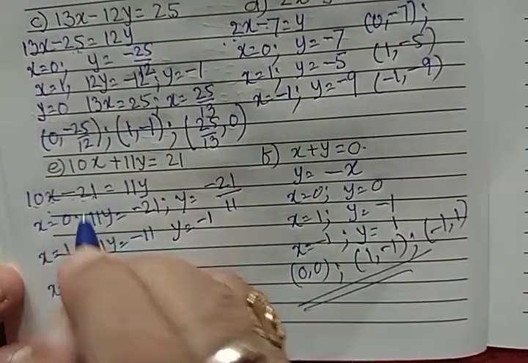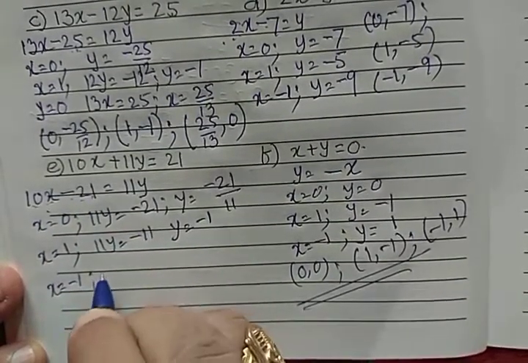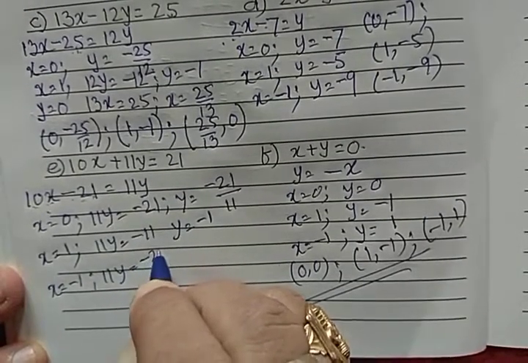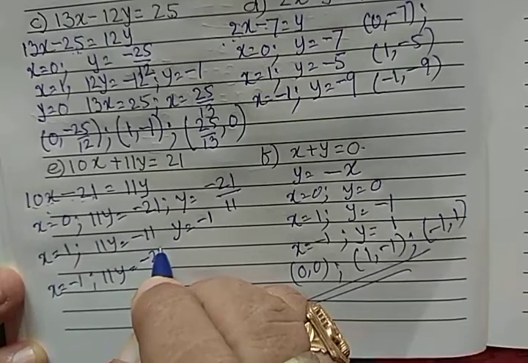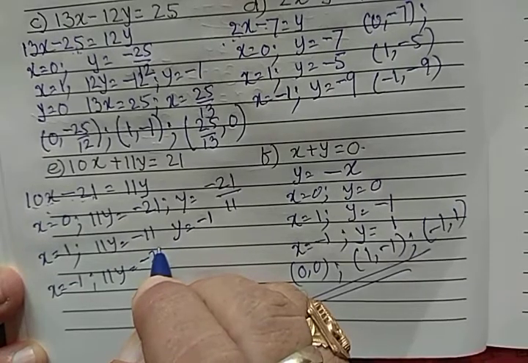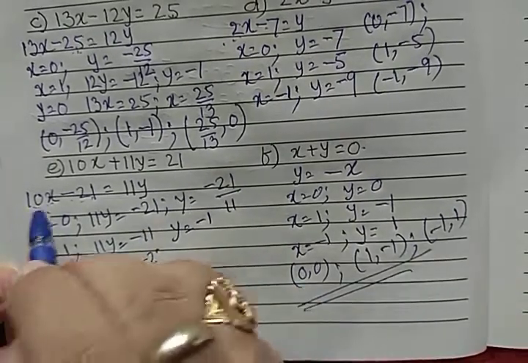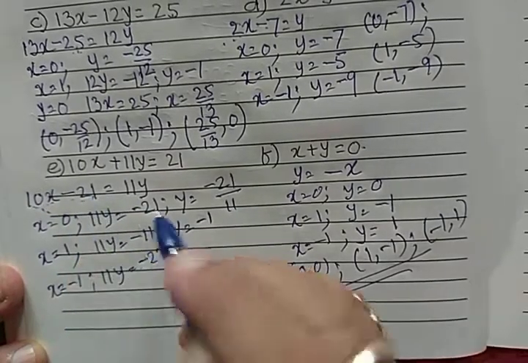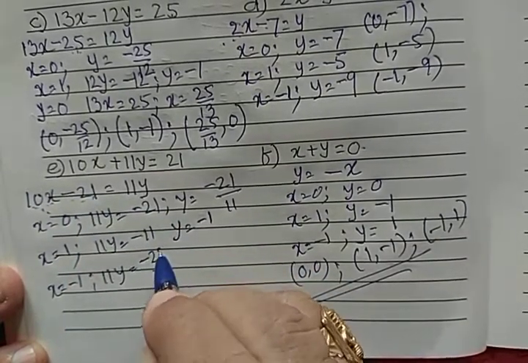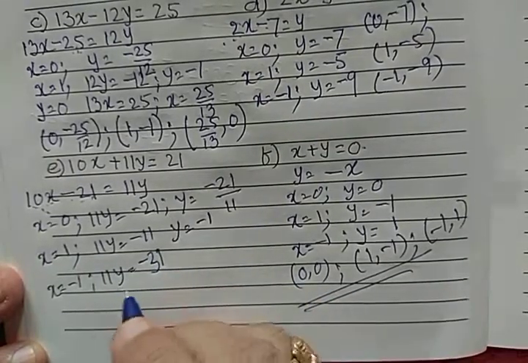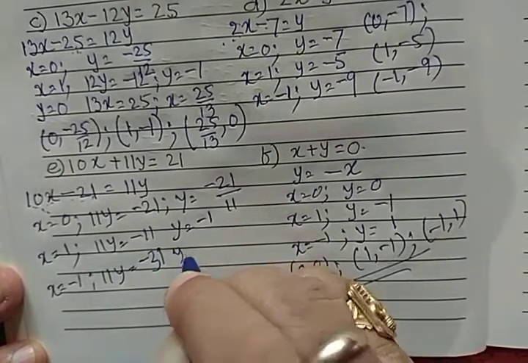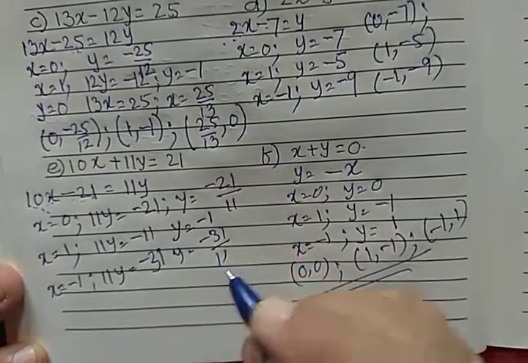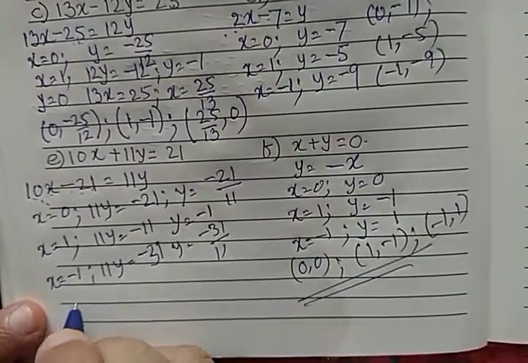Minus 10 minus 21 is minus 31. y is equal to minus 31 by 11.